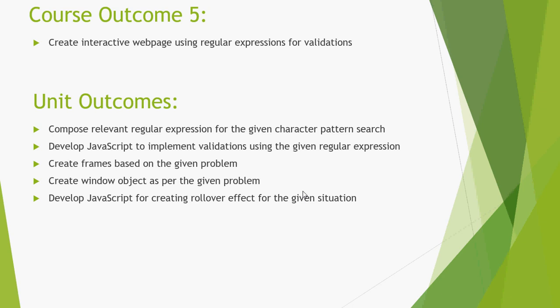We are just going to discuss the unit outcomes, in which we are going to compose relevant regular expressions for given character pattern search, then develop JavaScript to implement validations using a given regular expression, then create frames based on the given problem, and create a window object as per the given problem, and finally develop JavaScript for creating a rollover effect for the given situation.